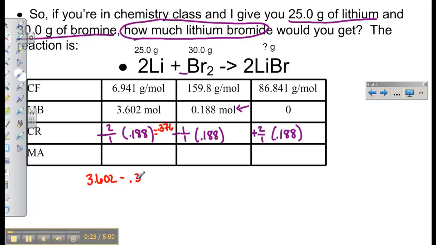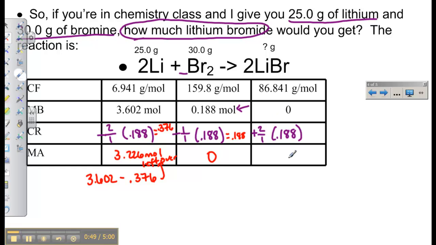I used 0.376 moles, and that's going to tell me how much lithium is going to be left over. It's 3.226 moles left over. Now for bromine, 1 over 1 times 0.188 does give me 0.188. So if we subtract there, we do get 0.